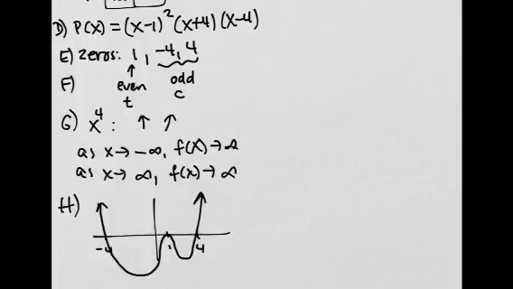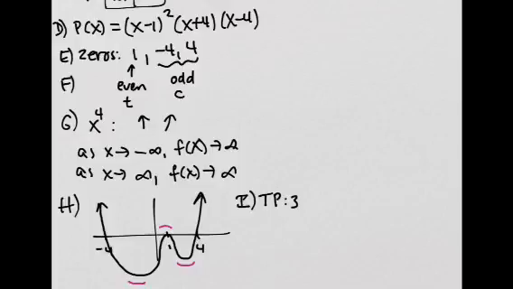Okay? And then determine the number of turning points. So I'll put it right here. Turning points, you have 1, 2, 3. So you have 3 turning points. And it says describe it.